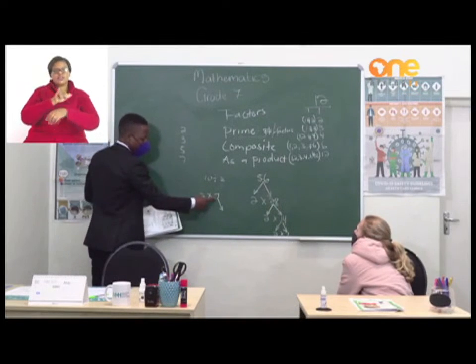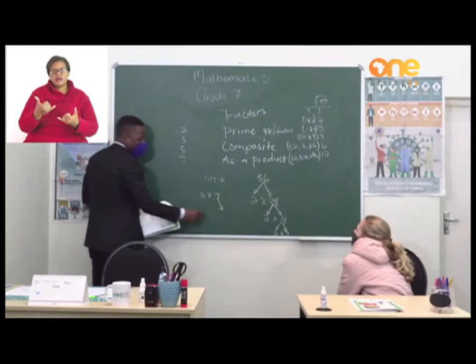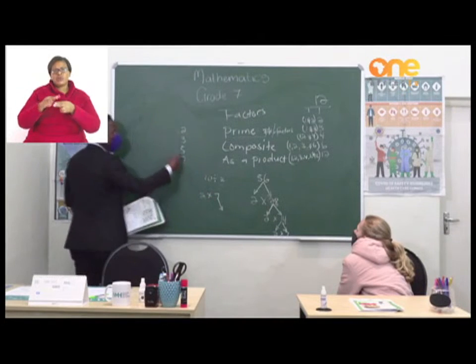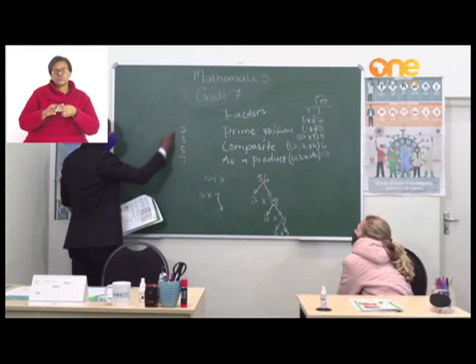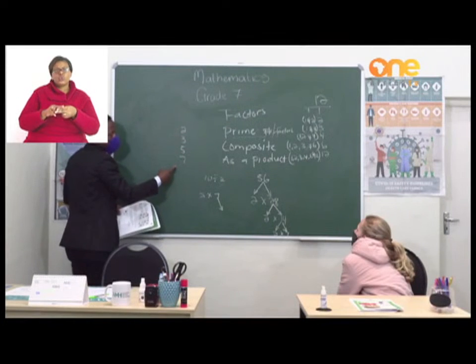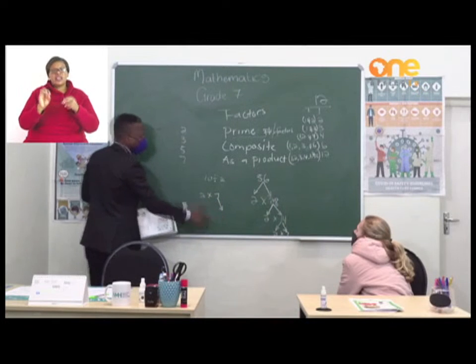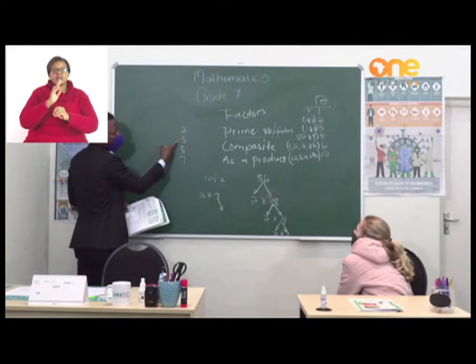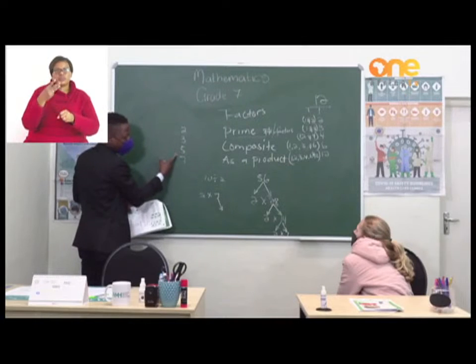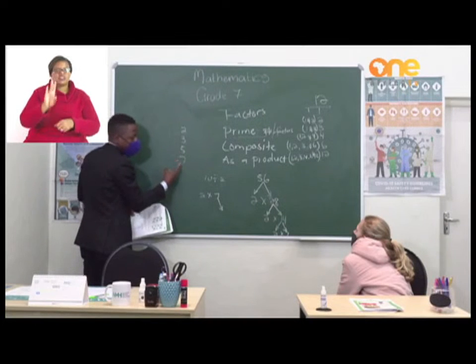So in this case, I have to use a prime factor on this list that would divide into 7 to give me a whole number. 2 cannot, 3 cannot, 5 cannot, 7 can.